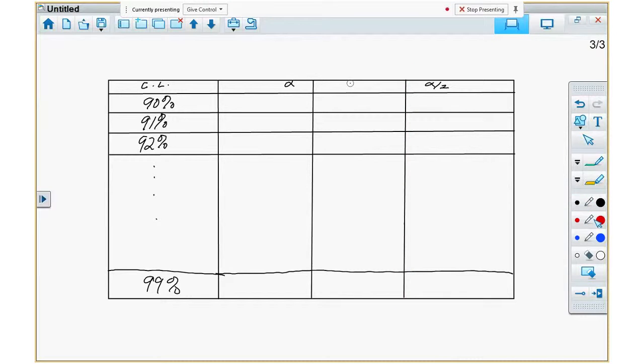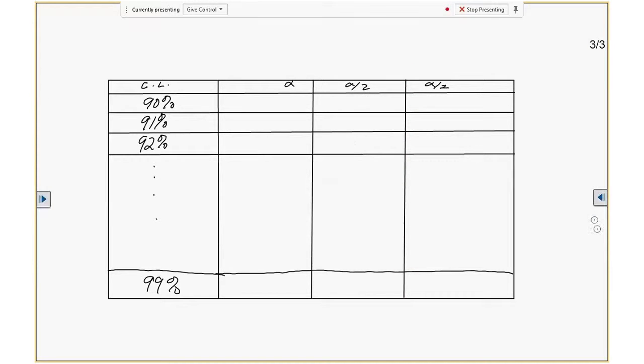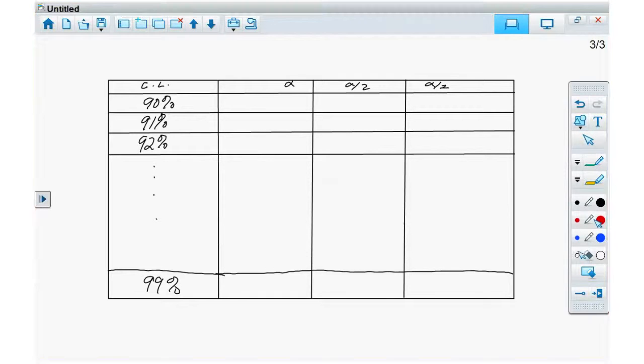Name this alpha over 2. And then here, call this the area.